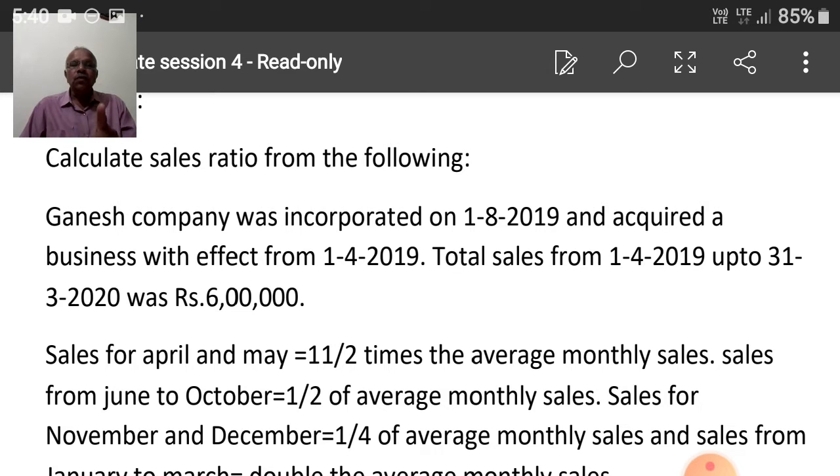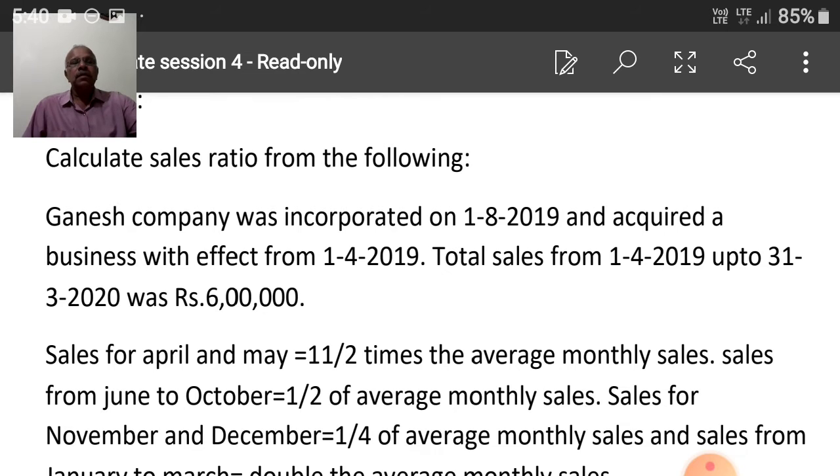Sales ratio is equal to pre-incorporation sales is to post-incorporation sales. This is the sales ratio.